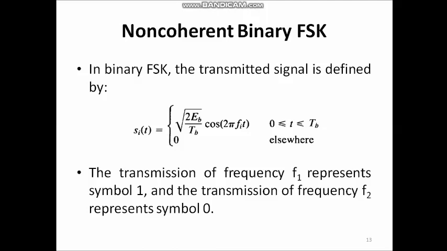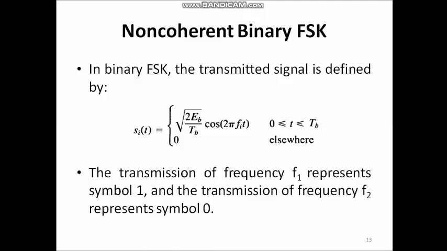So here we can use the combination of matched filter and envelope detector. Please understand the difference. In the previous module also we have considered one matched filter, but there it was a coherent receiver. There we used a matched filter and maximum likelihood detector, therefore it is a coherent receiver.